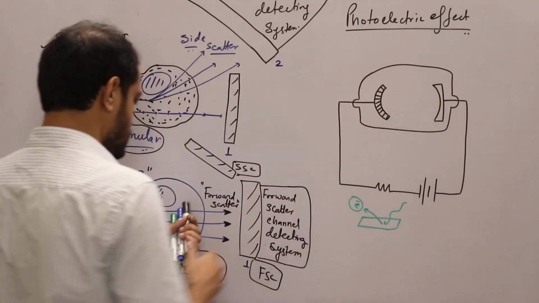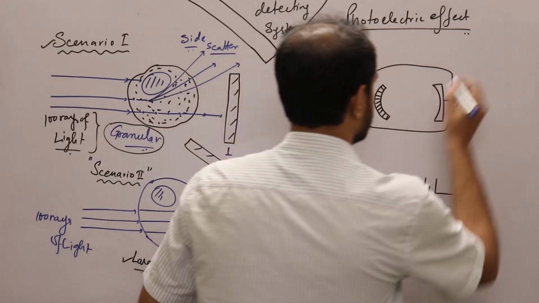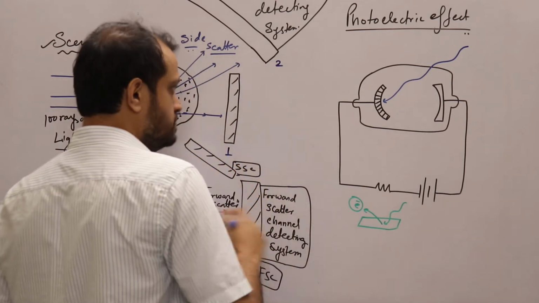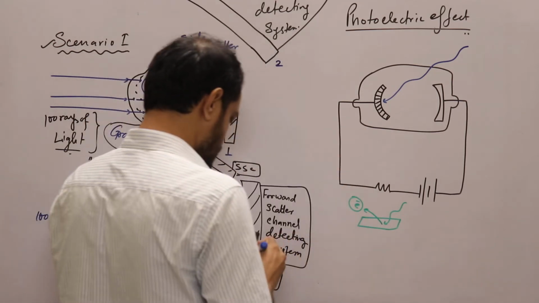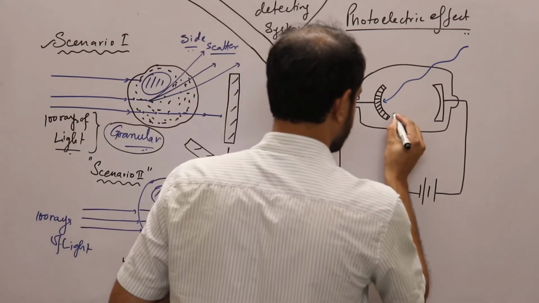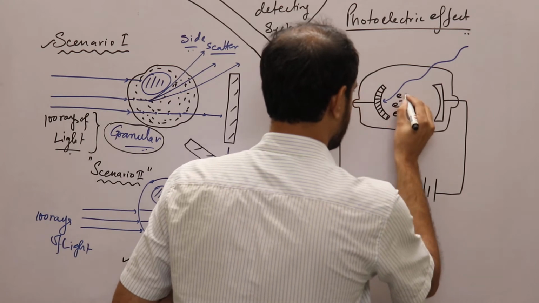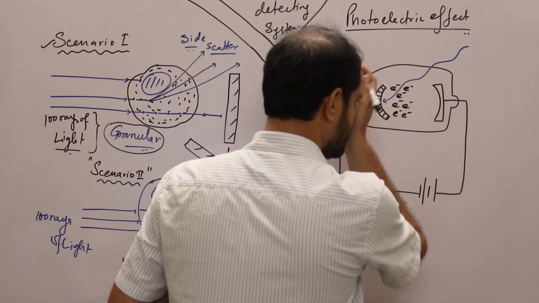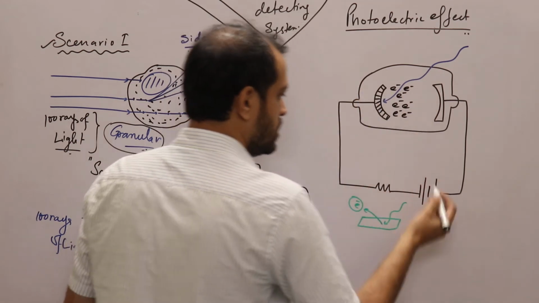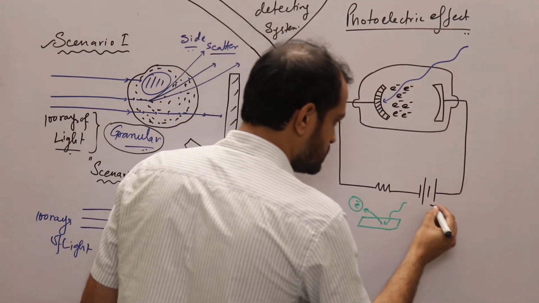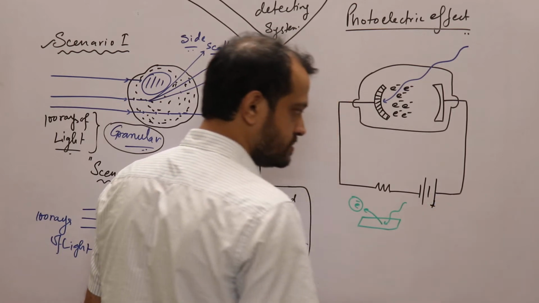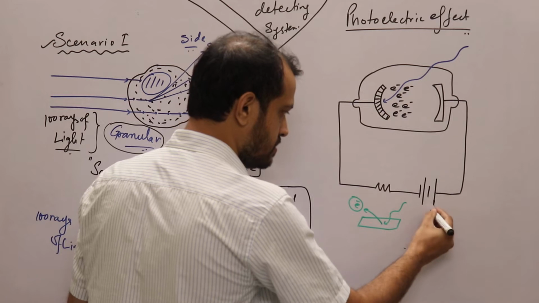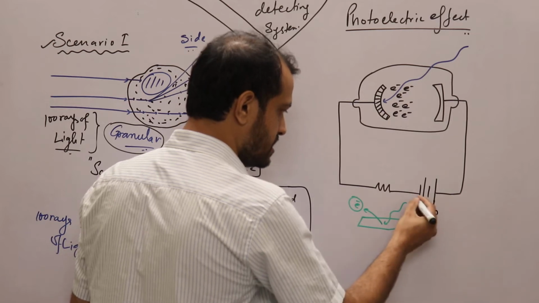Now listen, to understand this, just for a moment, suppose this is light coming, and these are electrons. You should see the circuit: this is the plus end of the battery and this is the minus end of the battery.